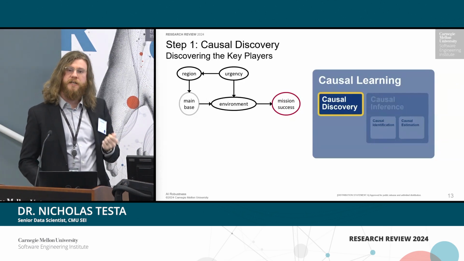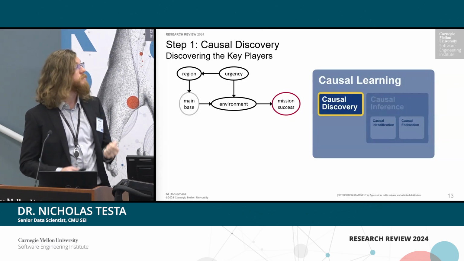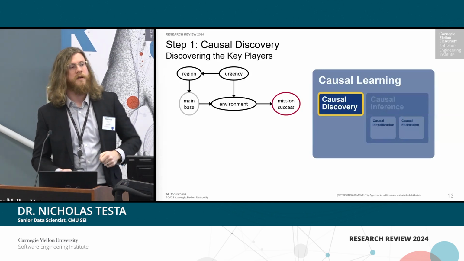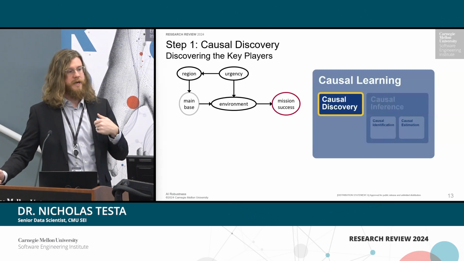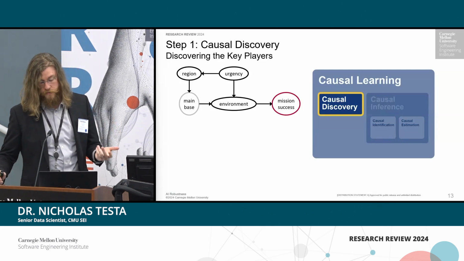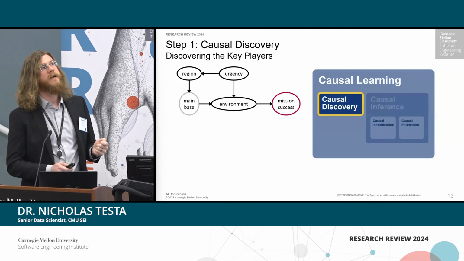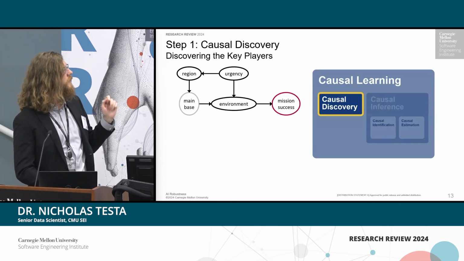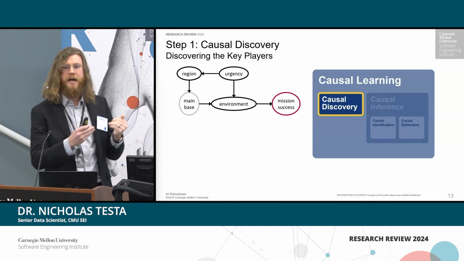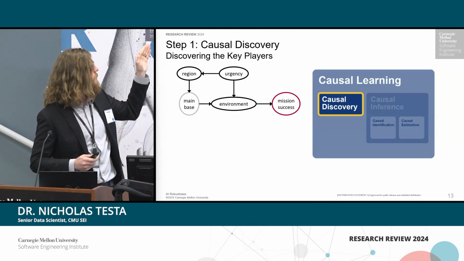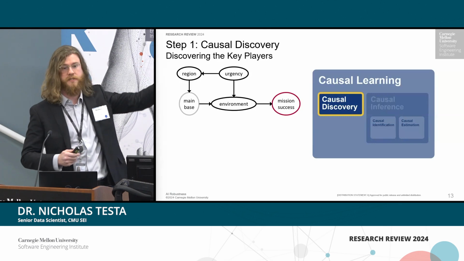And this is a place where bias can be introduced because they're both common causes, and we need to account for that. One of the ways that we account for this bias is by using causal learning to break the connection between the paths that we don't want, so that we can just focus on the path from main base to environment to mission success.